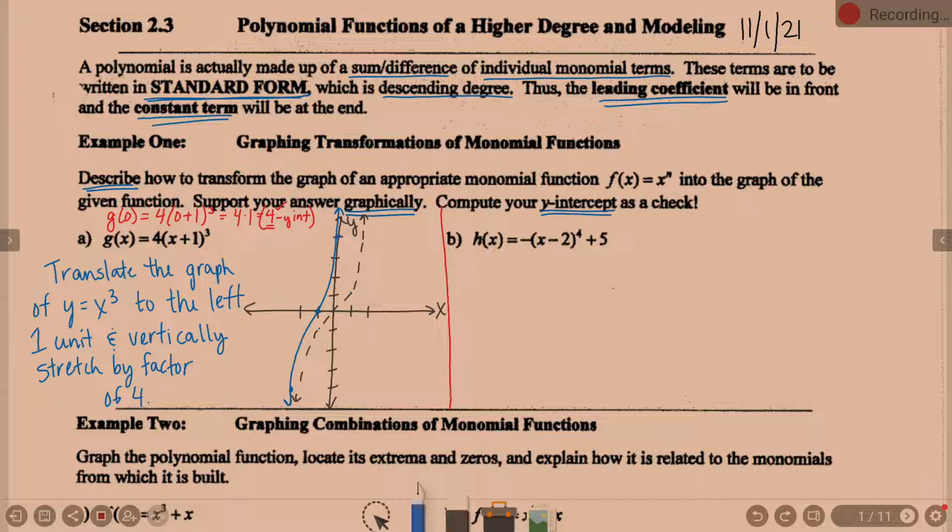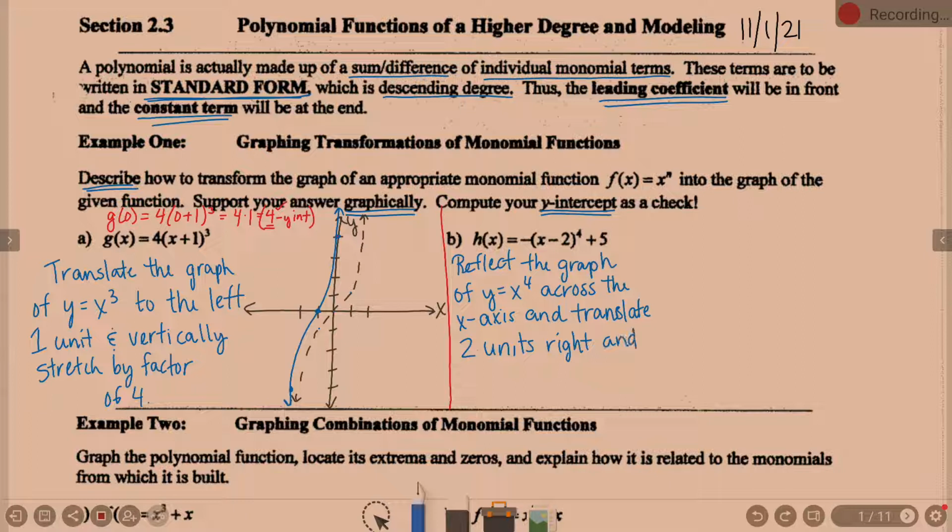Okay, so I'm going to start with reflect the graph of y equals x to the fourth across the, what do we say, x-axis, and translate 2 units right and 5 units up.